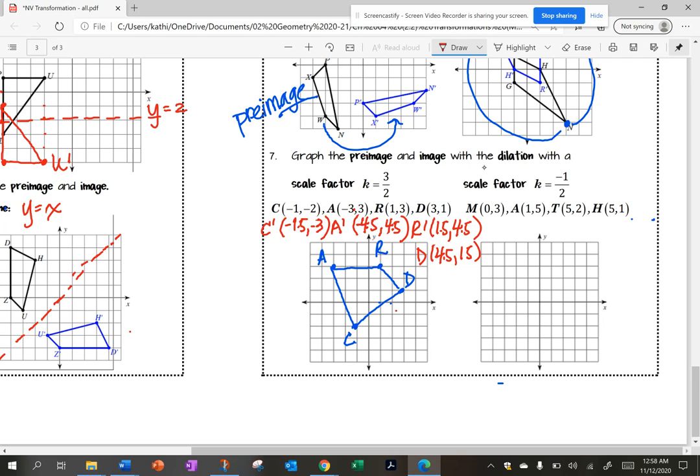So negative 1.5, negative 3. 1, 2, 3. Negative 4.5. 1, 2, 3, 4.5, and 4.5. 1, 2, 3, 4.5.